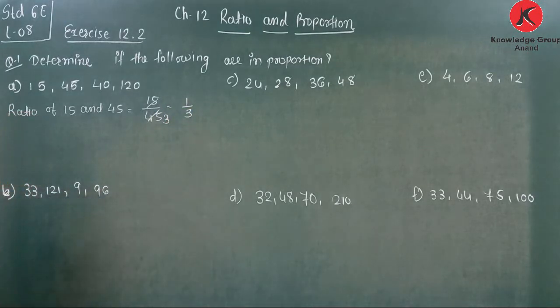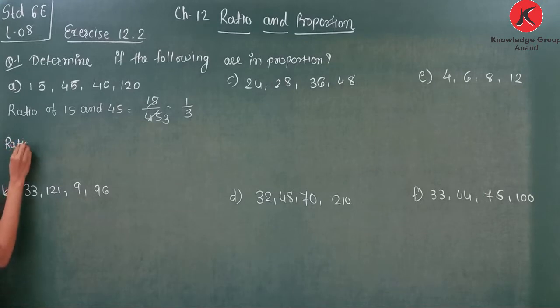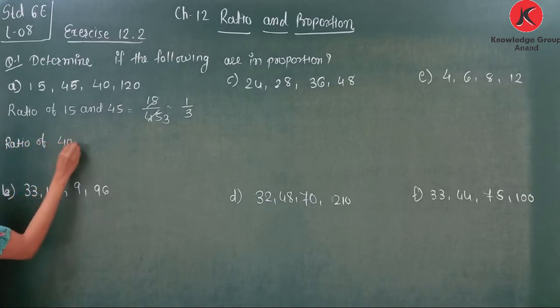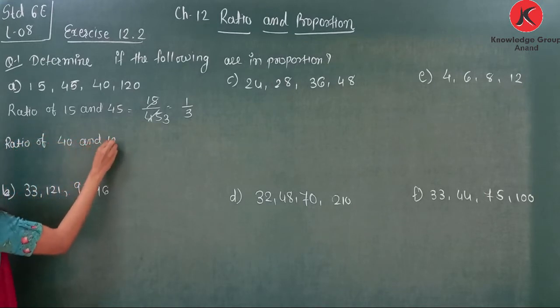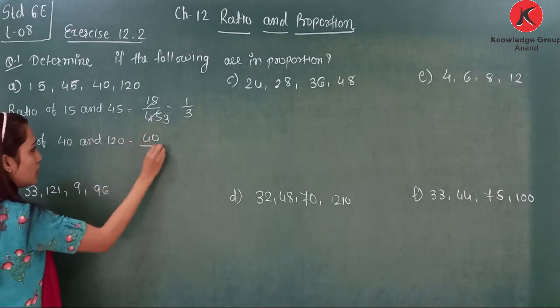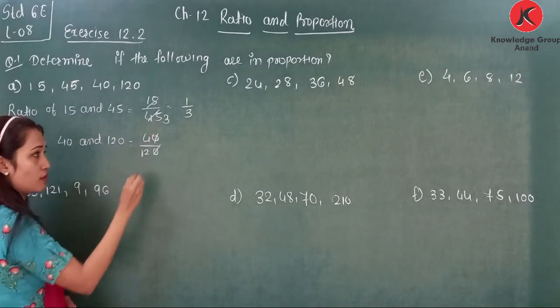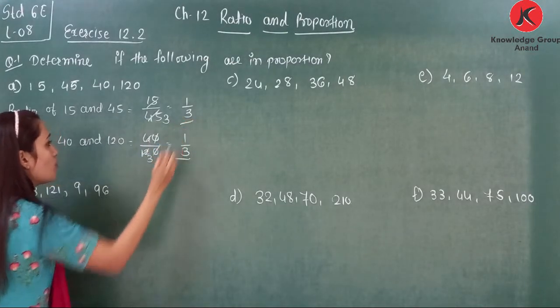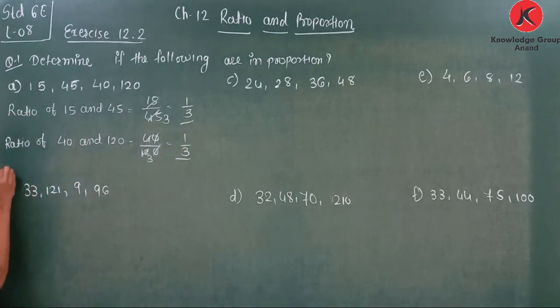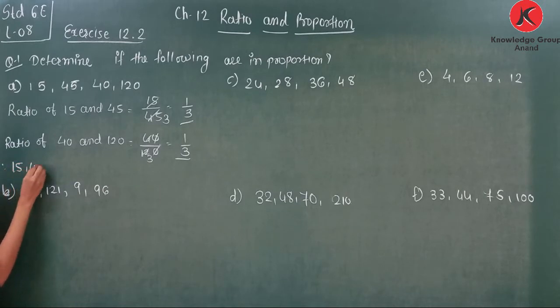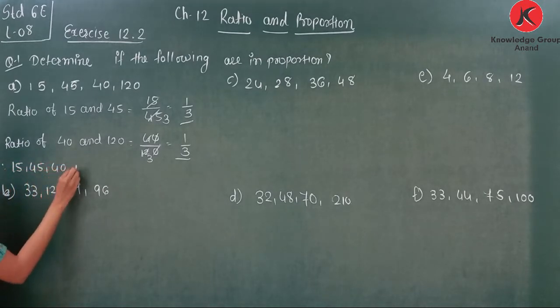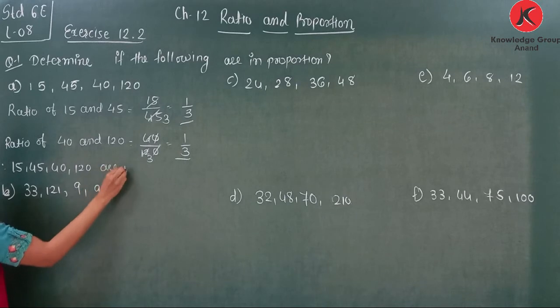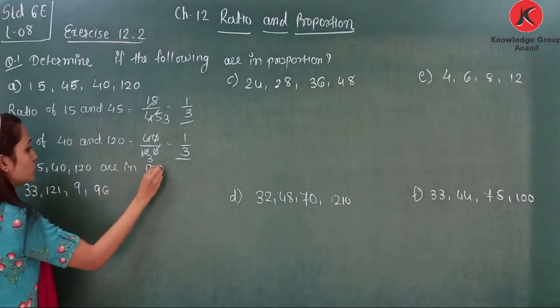Now the ratio of 40 and 120. Here 40 divided by 120. The 0 will be cancelled. 4 threes are 12. So it is 1 by 3. Now you can see both ratios are the same. So we can write 15, 45, 40, 120 are in proportion.